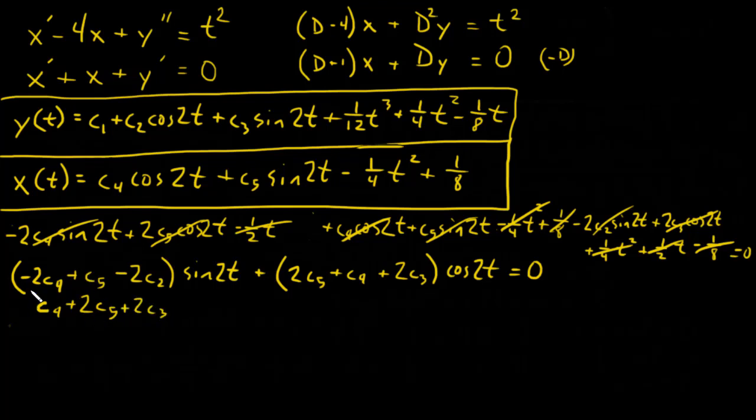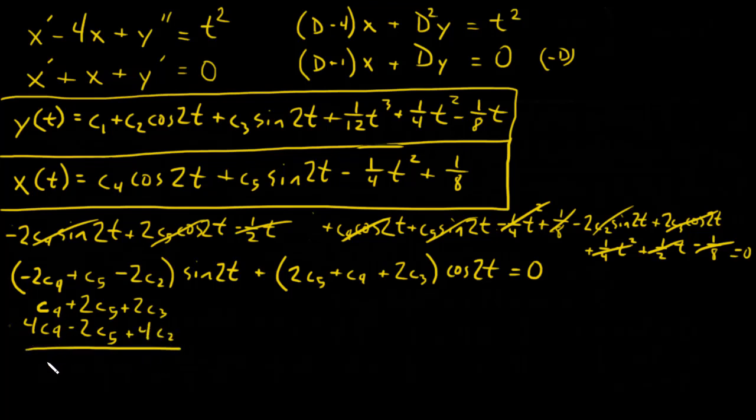So I need to eliminate either the C4s or the C5s first. I can do either one. How about we eliminate the C5s to start with? I can do that if I multiply the top by a negative 2. If I do that, I'm going to get positive 4C4 minus 2C5 plus 4C2.